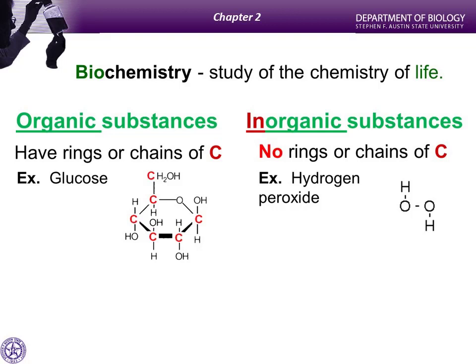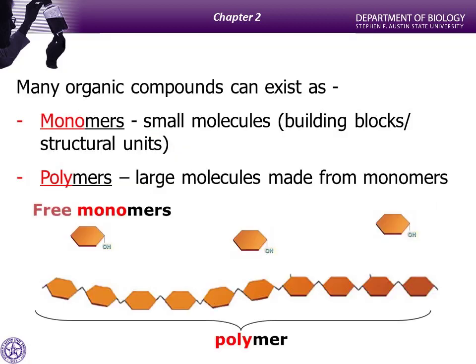So before we start categorizing and understanding our four major types of macromolecules, I want you to understand how at least three of them are assembled. They're assembled much like when you're playing with Lego blocks, and you take the individual blocks and you put them together into structures, pictures, objects.